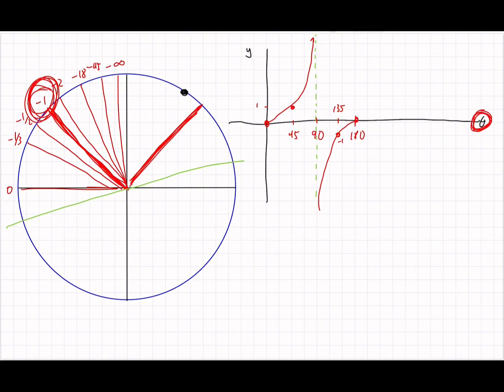Since it's the exact same line, the change that we see going from here to here is going to be the exact same change that we see going from here to here. And so that's why this graph is repeated one more time, from 180 to 270 degrees, like that, with the asymptote the same. And then same thing going from here to here.